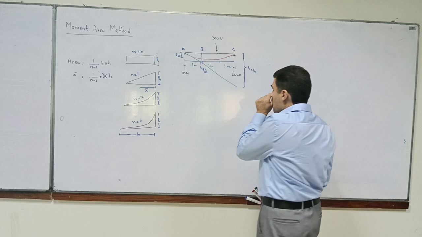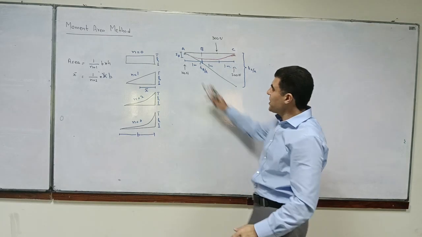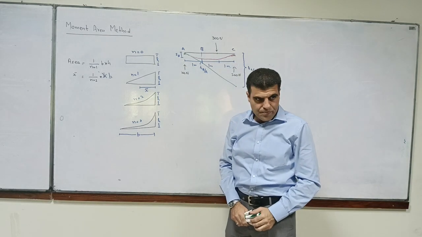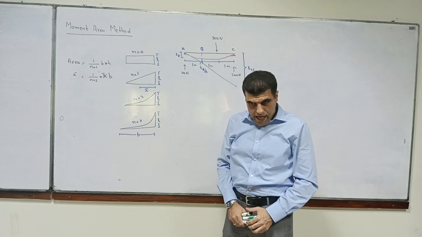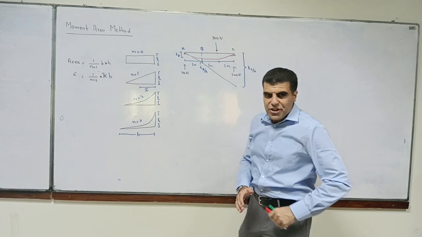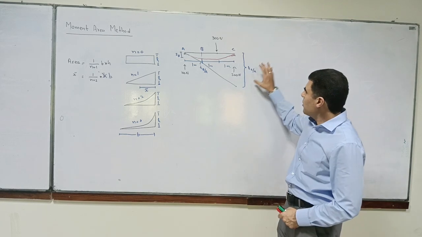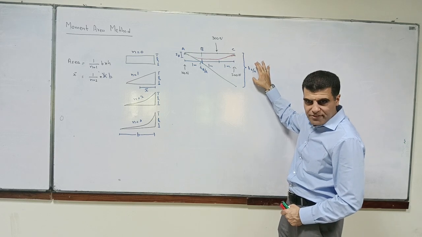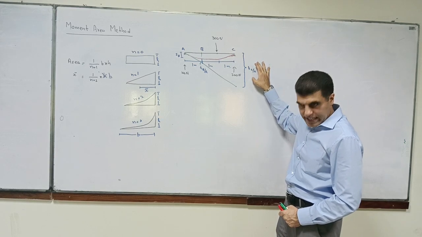Now, what we are interested in is delta B. So first of all, we can find the tangential deviation of C when the tangent is drawn at A.